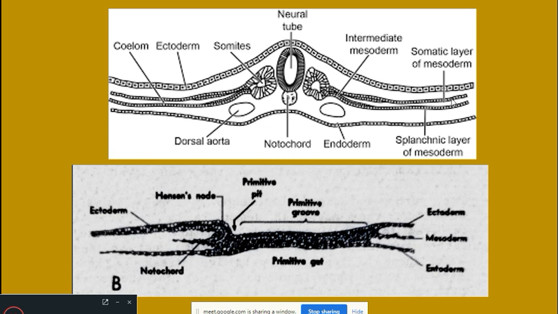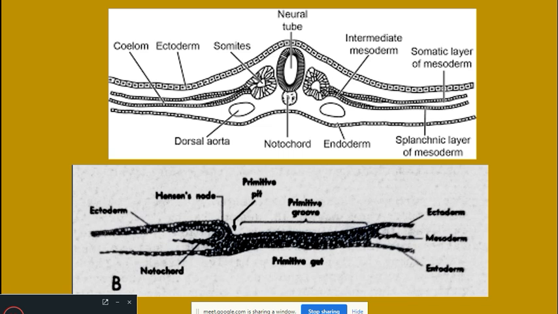So this somatic layer plus ectoderm becomes the somatopleure, and the splanchnic layer plus endoderm becomes the splanchnopleure when they move towards the ectoderm and endoderm respectively, and this will lead to the widening of the space, and this space forms the coelom.